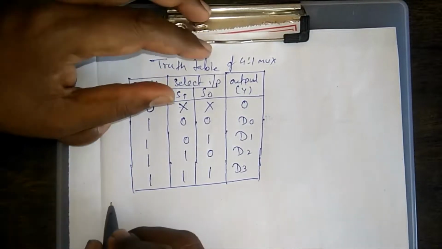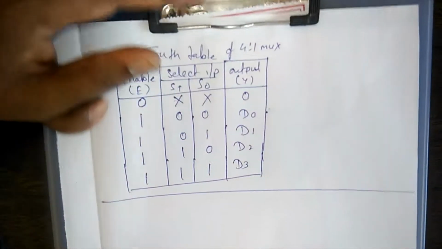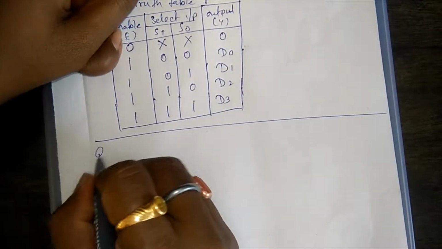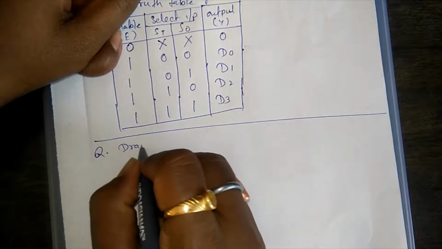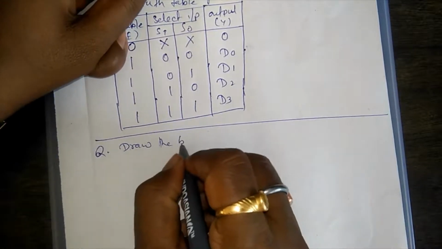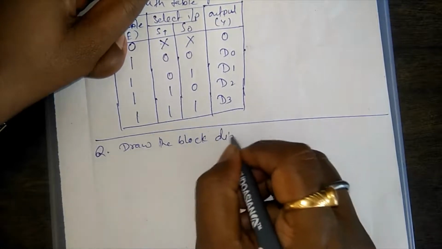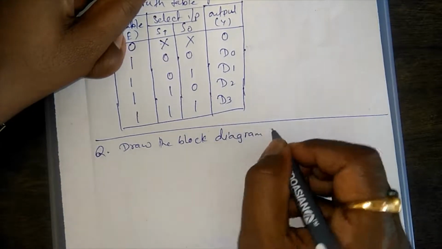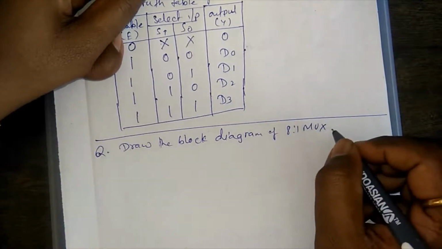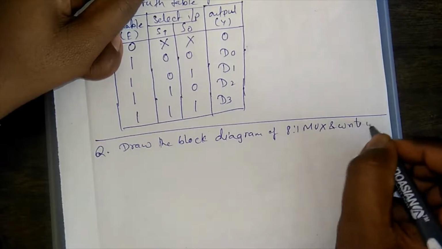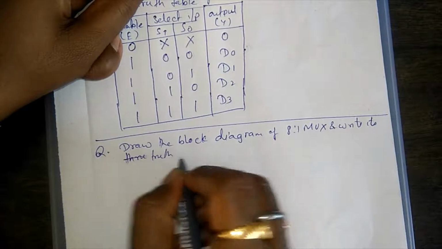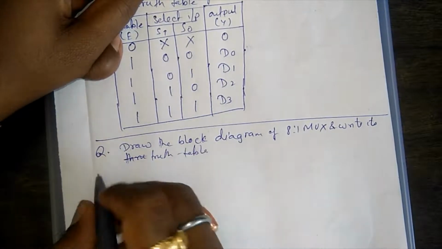Now again we will do it for the 8:1 mux. Okay, so the question again: draw the block diagram of 8:1 mux and write its truth table.